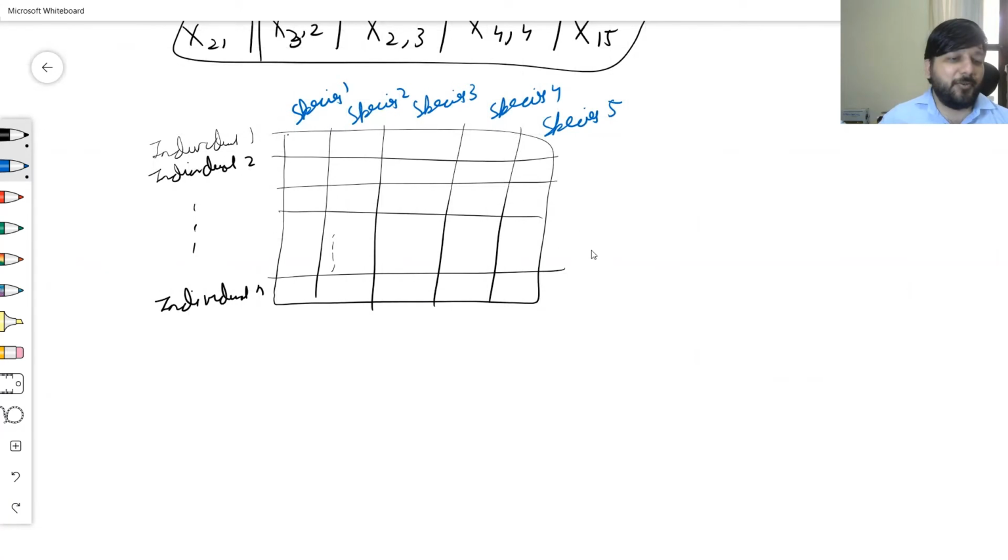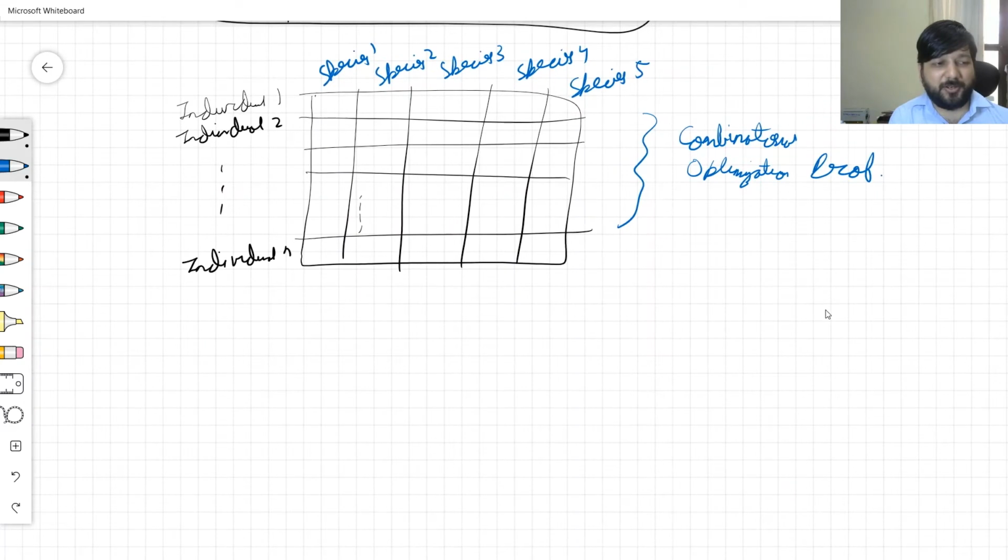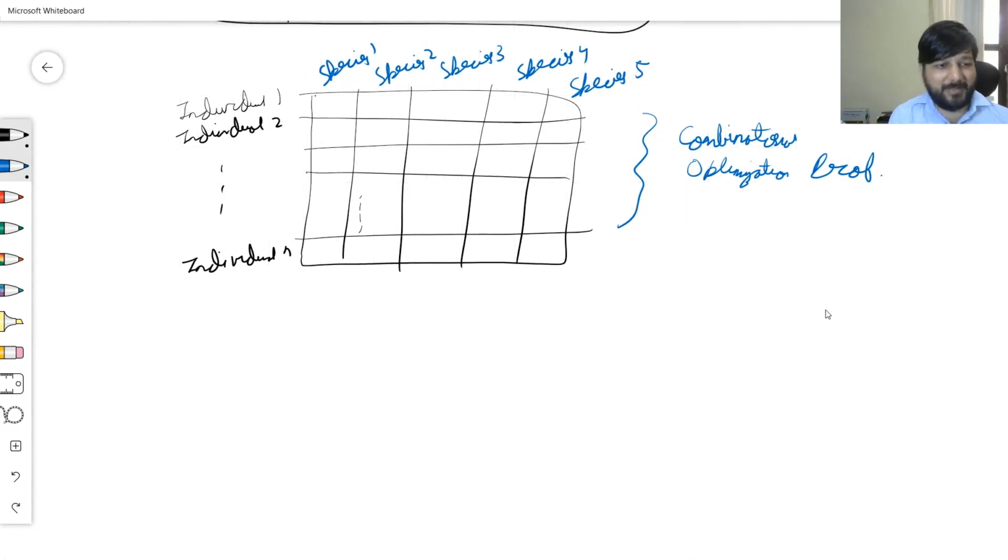And overall, it is a combinatorial optimization problem, which says how do I give the best combination of individuals? So that's a combinatorial optimization problem.